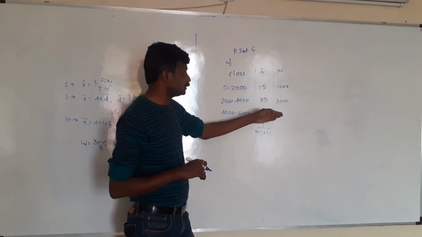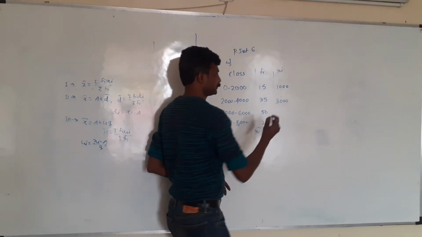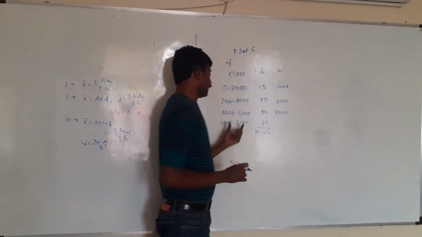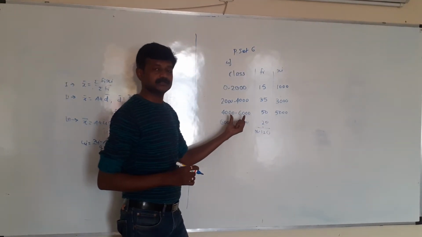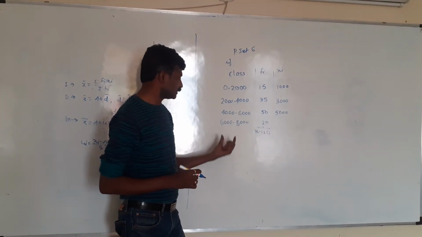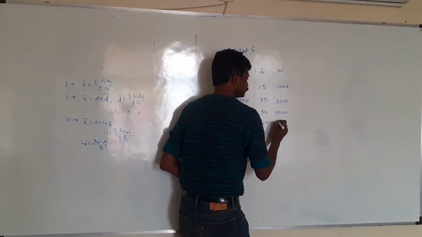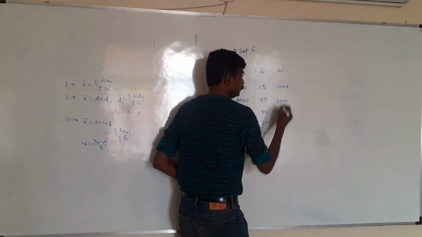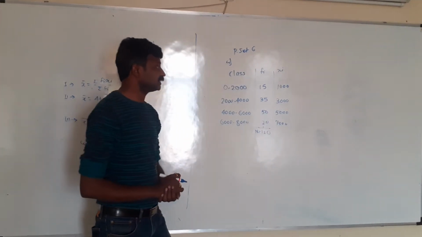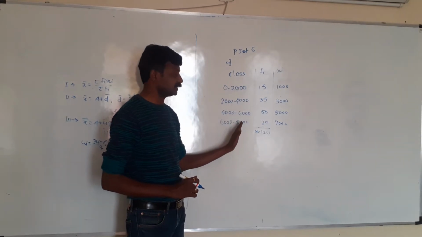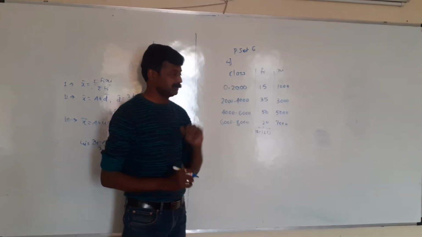So add 2000, we will get the next class mark. 3000 plus 2000 gives 5000. By addition of both and dividing by 2 also we get the same class mark. For the next class, 6000 to 8000, add 2000 here, it gives 7000. So xi is equal to 7000 for the last class. We have only 4 classes, so 4 class marks.